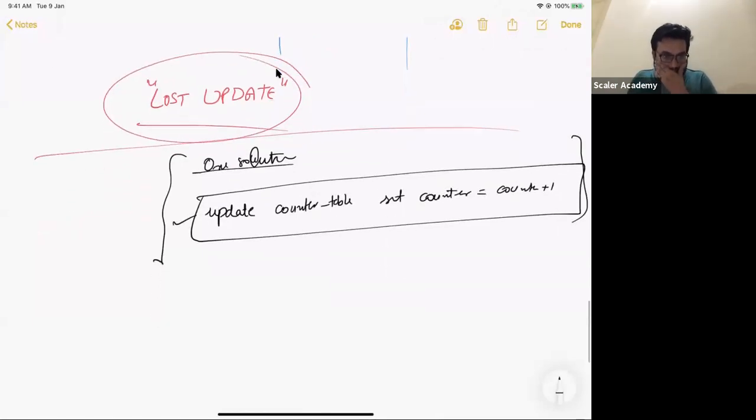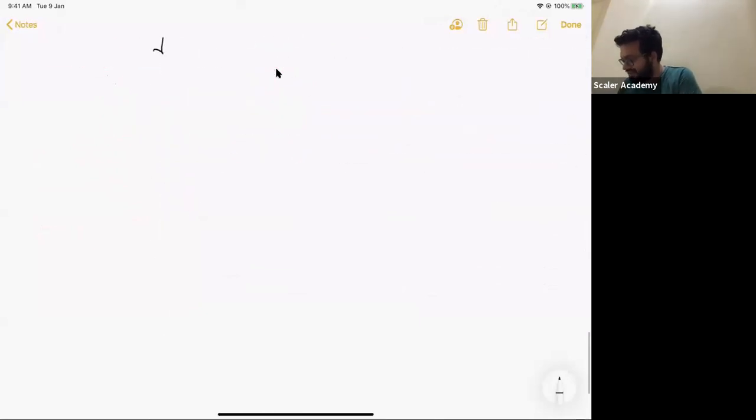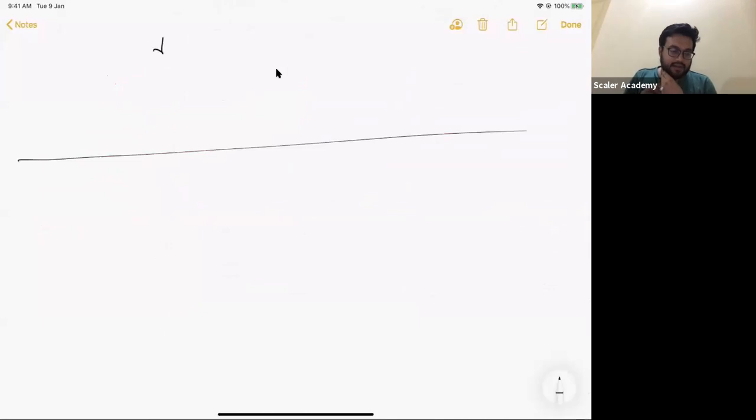Now, to solve this and so many problems that come with DB, the problem of concurrency, we are going to discuss this entire class today. And let me tell you all these things one by one. The very first concept that you see in a relational database, and this is not only specific to relational databases, this is a theoretical concept, but relational databases give you that kind of a guarantee.